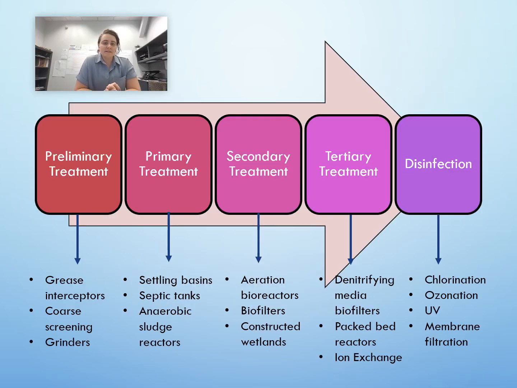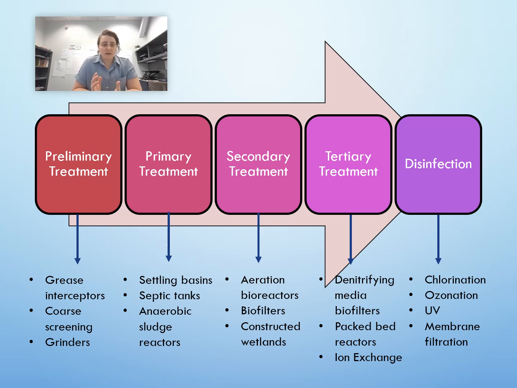And then lastly, this is a summary slide of what's coming up for the rest of the semester in terms of wastewater. For wastewater treatment, we normally have 5 steps. We have what we call preliminary treatment, primary treatment, secondary treatment, tertiary treatment, and then disinfection. Generally this is the process flow diagram. We don't have to have everything here. But below it are some examples of technologies that are included within each of these bins, so to speak.